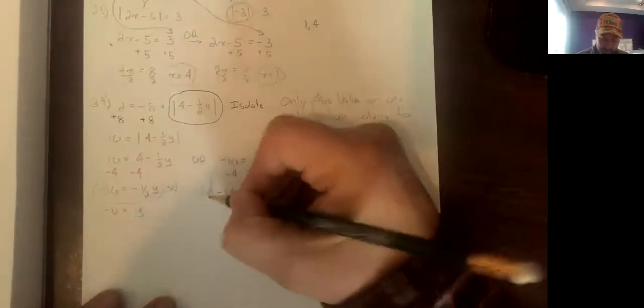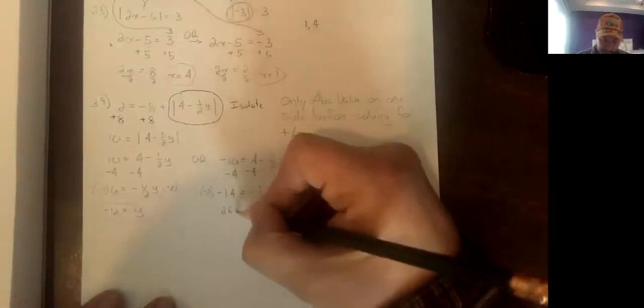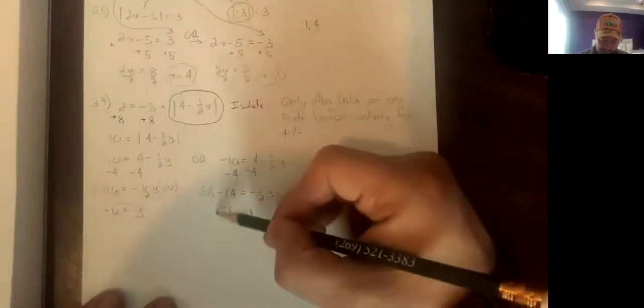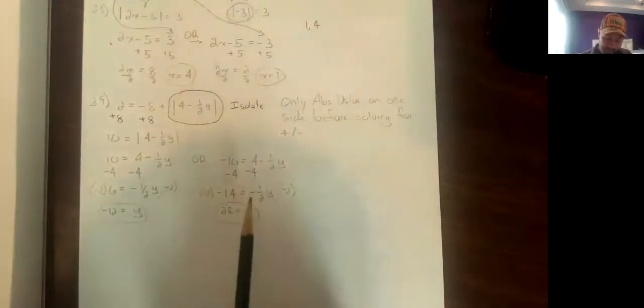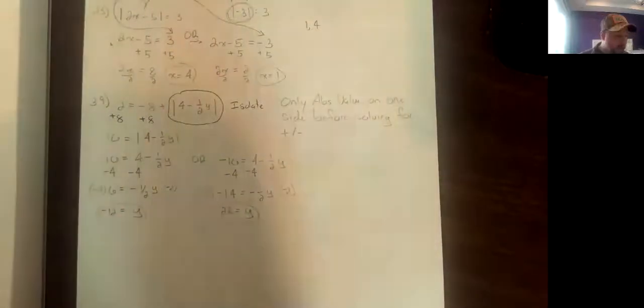We multiply by a negative 2 to get rid of it. So positive 28 equals y.